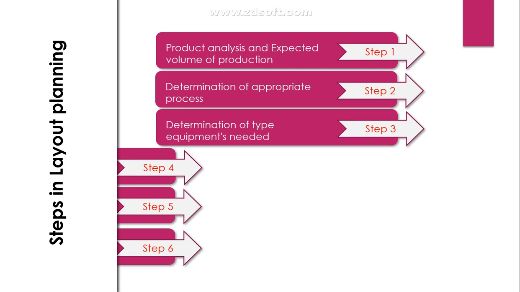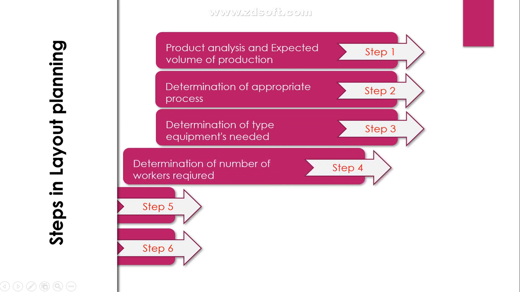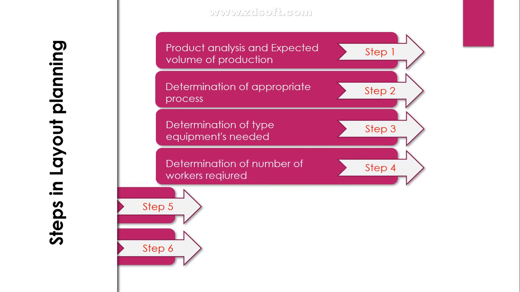So the equipment is decided on the technological and automation aspects of the manufacturing unit. First we need to decide whether we are completely automated and what technology we are going to adopt in production. The answers to these two questions help us determine the equipment required for the production process. Moving ahead, the fourth step is determination of the number of workers required.